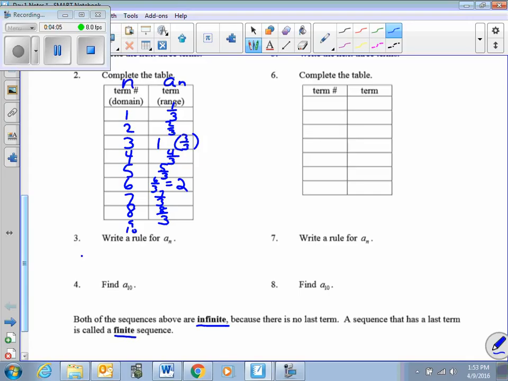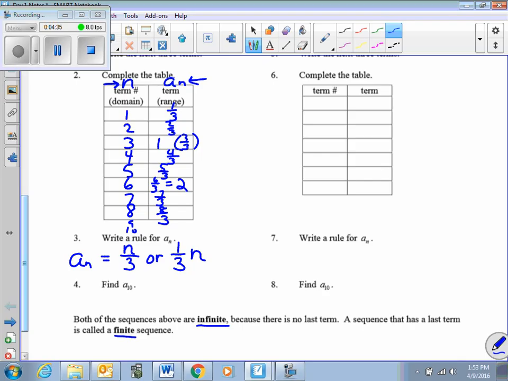So how does our n relate to our a sub n, or our domain relate to our range? Whatever n is, I'm dividing it by 3. So I have n over 3, or we could write it as 1/3 n.